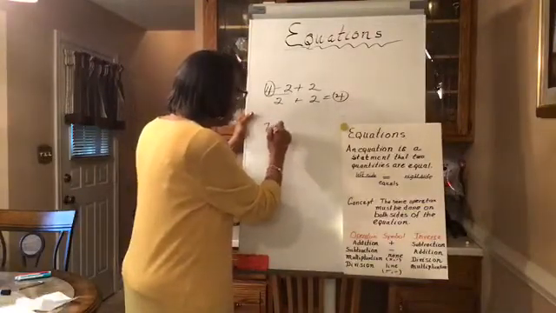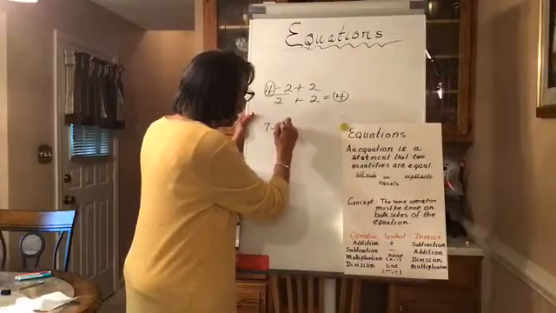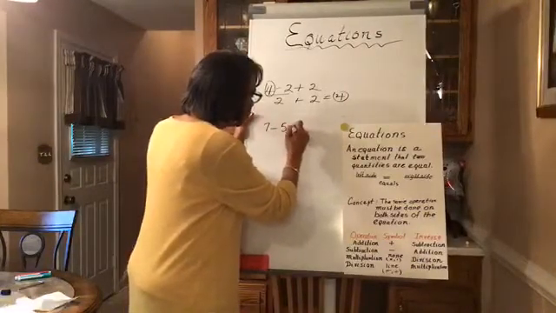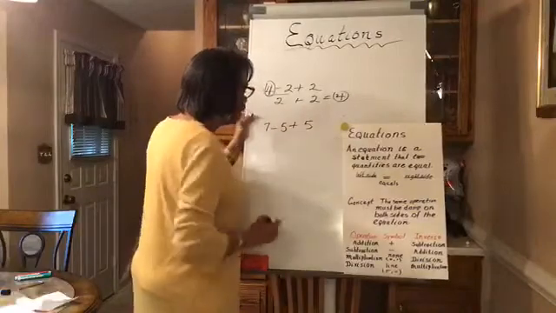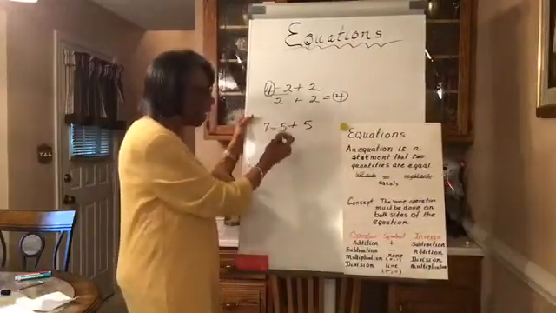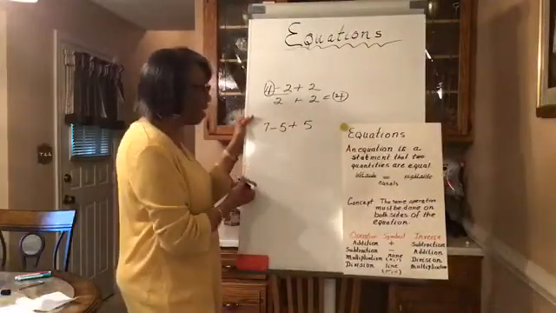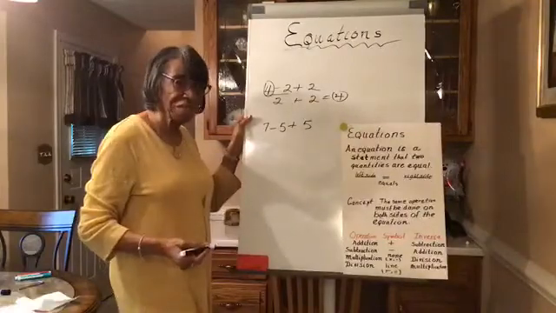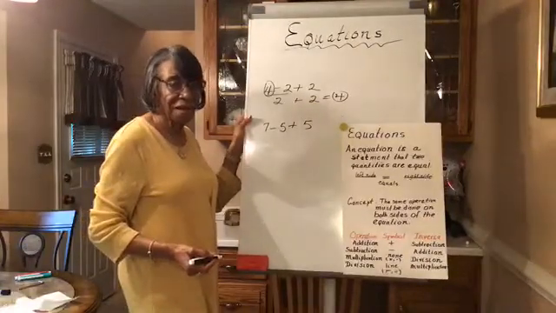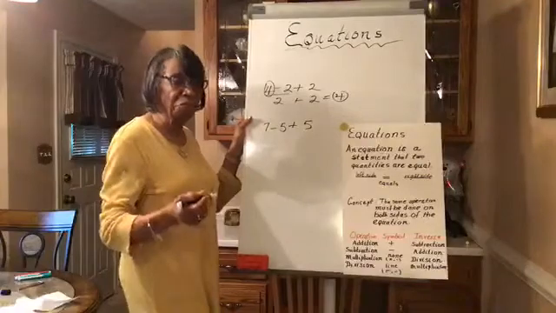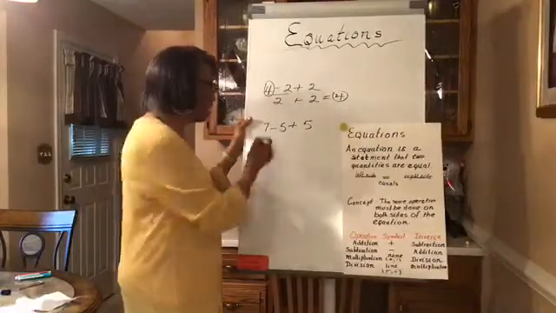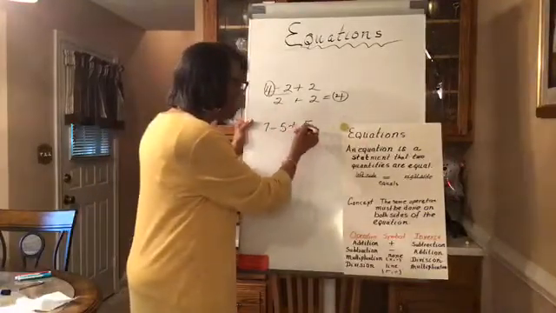7 minus 5 plus 5. 7 minus 5 plus 5, the answer is going to be? I hope you said 7. 7 minus 5 plus 5.